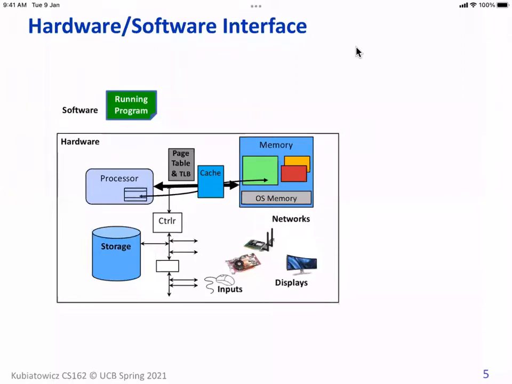So that was at the hardware level, but the hardware cannot be presented to a user, because the user doesn't want to get into details of what the hardware is inside. What is the depth of the pipeline, how many pipelines are there, and all these things.